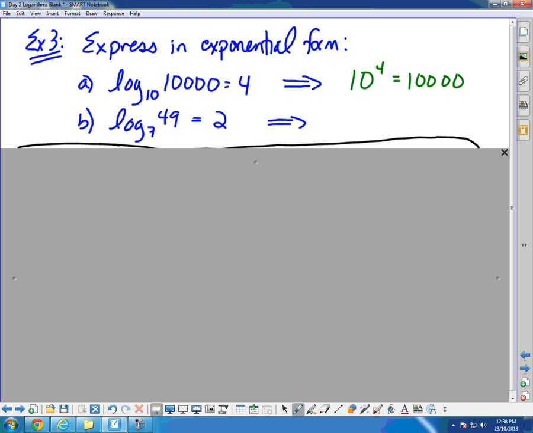Log 49 base 7 equals 2. So this asks, what exponent do you put on 7 to get 49? Well, the answer is 2. So the exponent is 2 that you put on 7. So if the base is 7, the exponent is 2, you get 49.